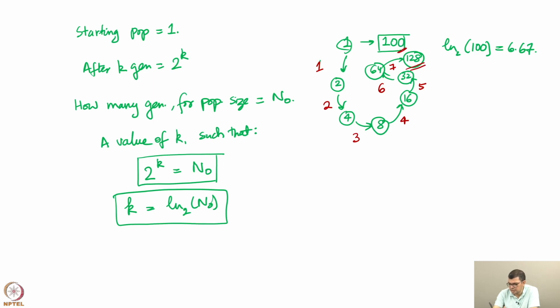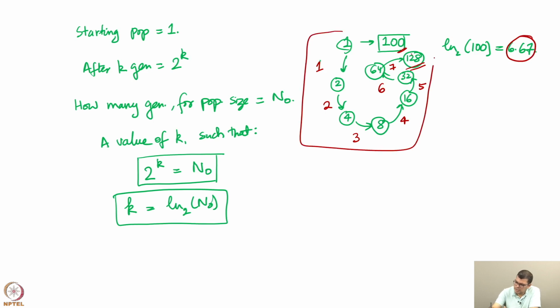That means the answer has to be between 6 and 7, and we can arrive at this answer 6.67 by doing this sort of simple calculation and realizing that the answer lies somewhere between 6 and 7 generations, and so on and so forth.